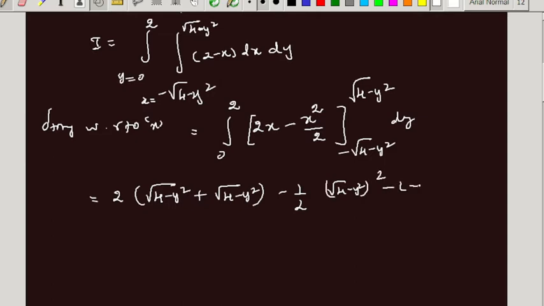Minus square root of 4 minus y square, whole square. So this one we must integrate with respect to x. If we square this, it becomes plus, so the plus and minus terms get cancelled.